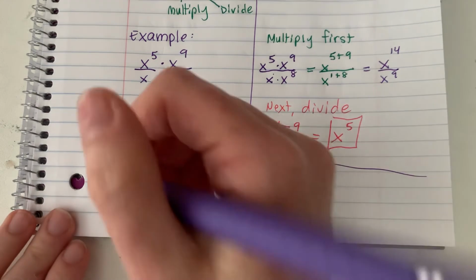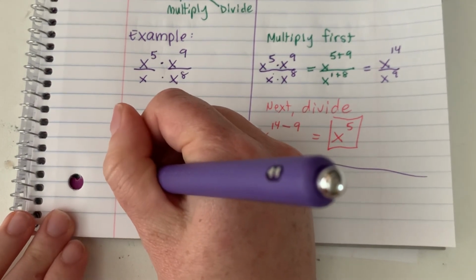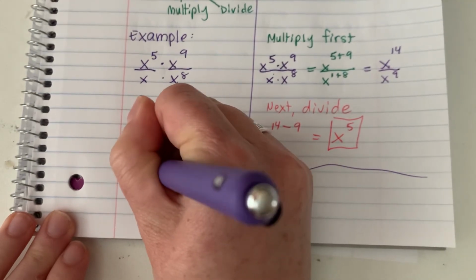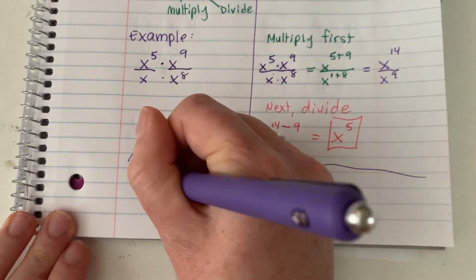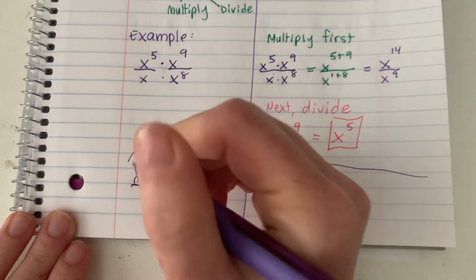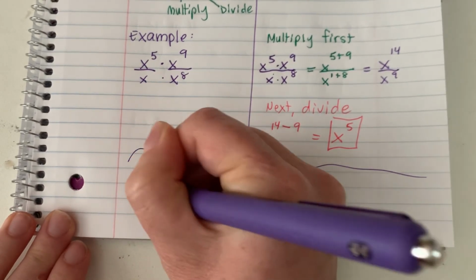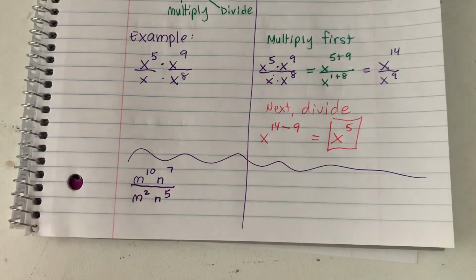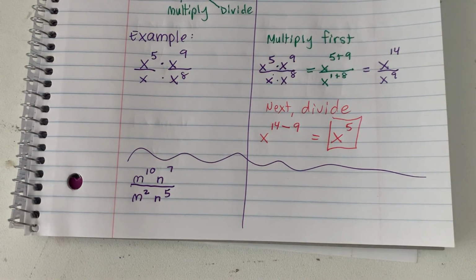Let's go with 2 variables this time. So let's try m to the 10th times n to the 7th, all divided by m squared n to the 5th. There is no multiplication here, but there are 2 variables.